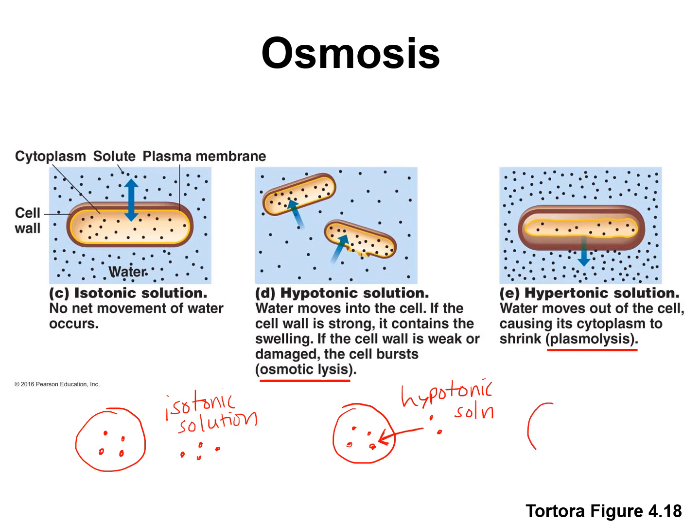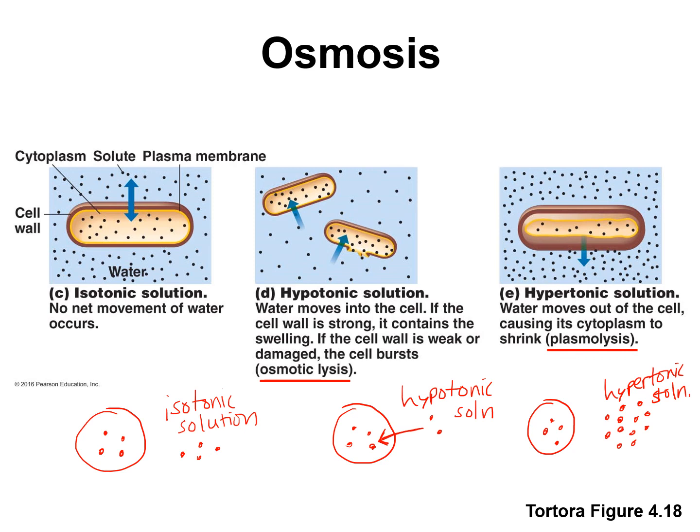Then if we put our cell into a hypertonic solution, that means that we have more solute outside the cell than we do inside the cell, hyper meaning more than. Again, water's going to go where there's more solutes.